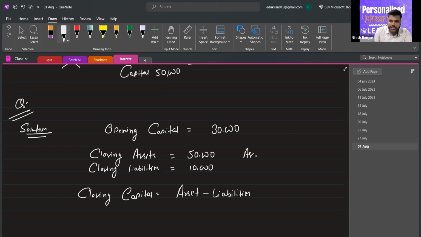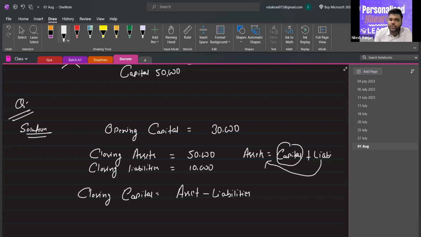If we write assets equals capital plus liabilities, and then you leave capital here and bring liabilities to this side, the formula will be capital equals assets minus liabilities.